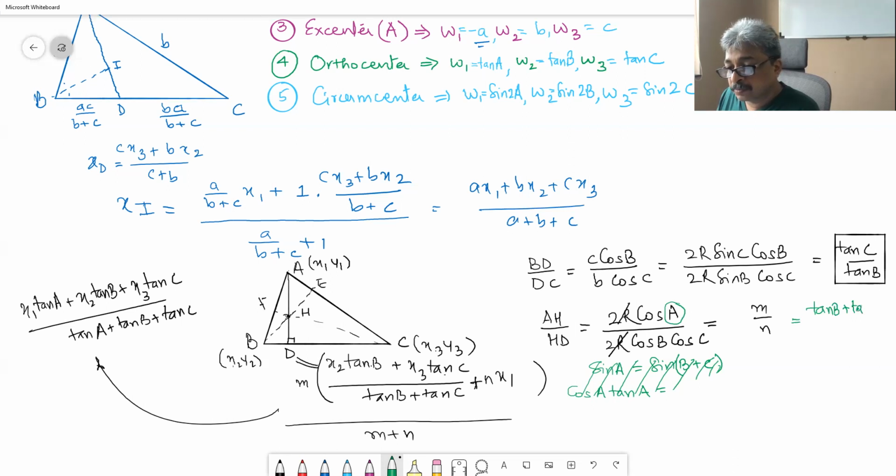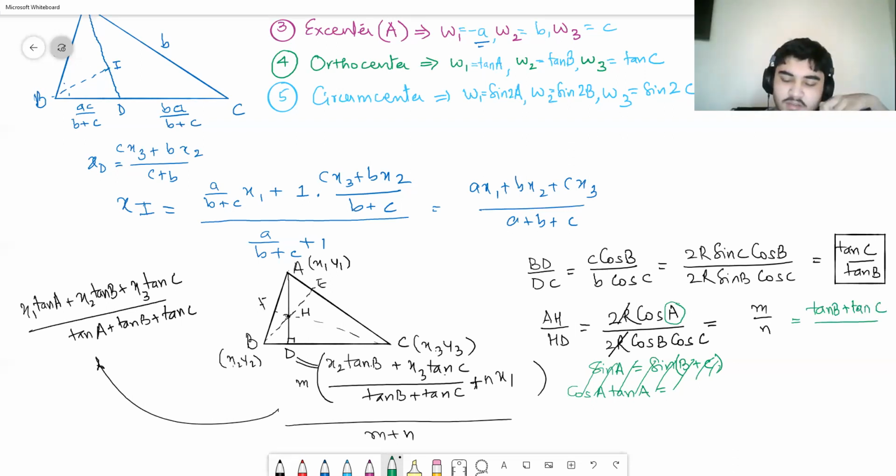So cos 90 minus B into cos 90 minus C minus sine 90 minus C into sine 90 minus B. And then we just make it cos B cos C minus sine B sine C. So we get tan A tan B minus 1.